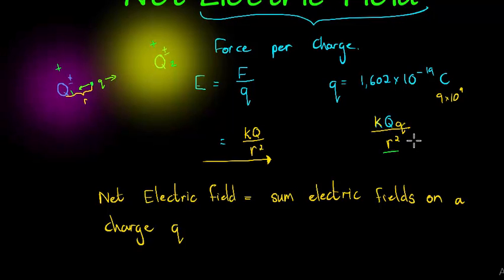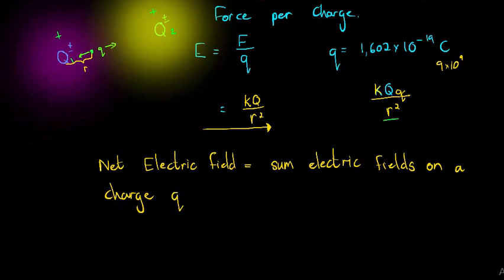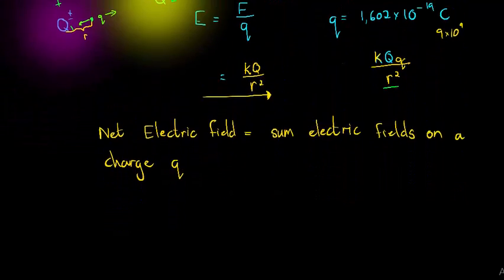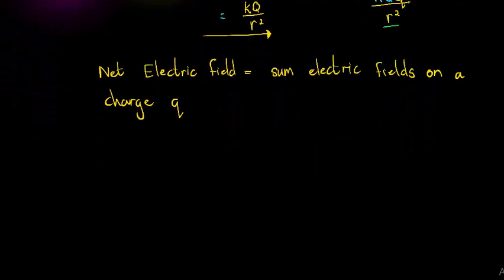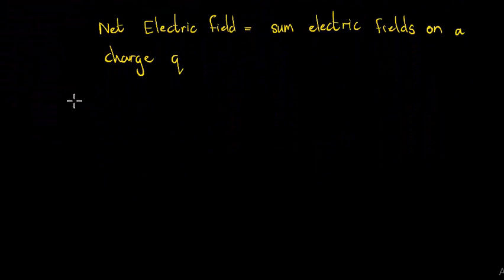Now it's actually very simple, but there is one thing that makes it slightly complicated, and that is that we need to consider the position of my unit charge relative to my two charges. There are two options. I can have two charges, Q1 and Q2, and my unit charge is in between the two.